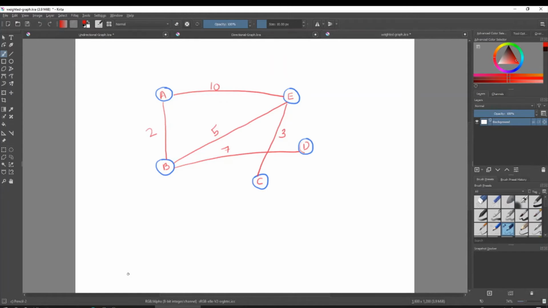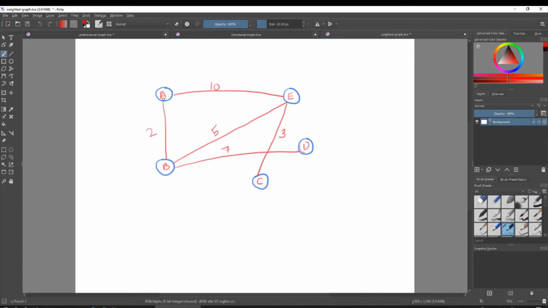As you can see in this graph, every vertex has a few edges attached to it. For example, this vertex A has 2 edges sticking out of that vertex. The number of edges associated with a particular vertex is called the degree of that vertex.